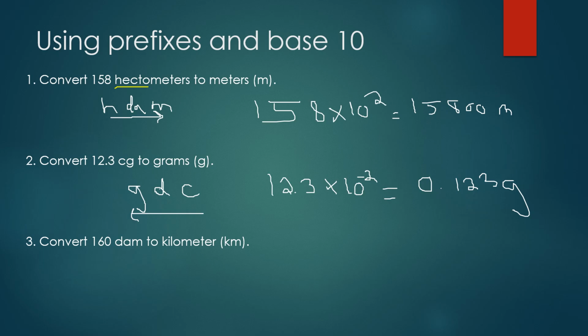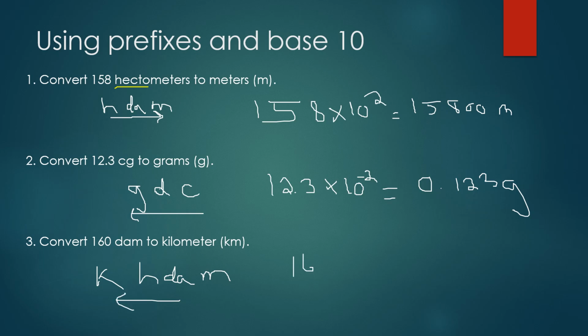And then finally we have 160 decameters to kilometers. So we have meter as our base, then we have decameter, then hectometer, and then kilometer. We're starting at the decameter and going to kilometer.